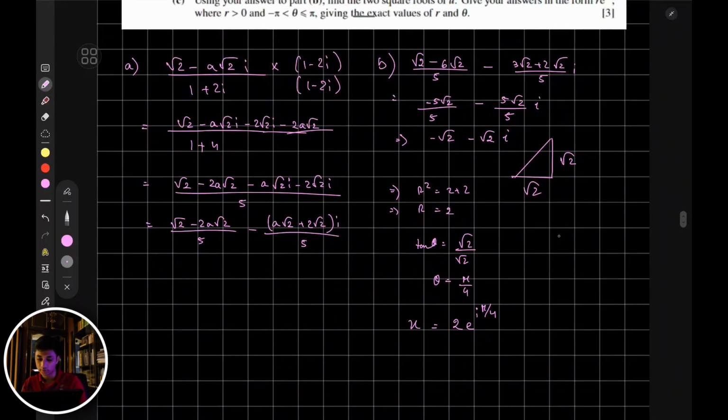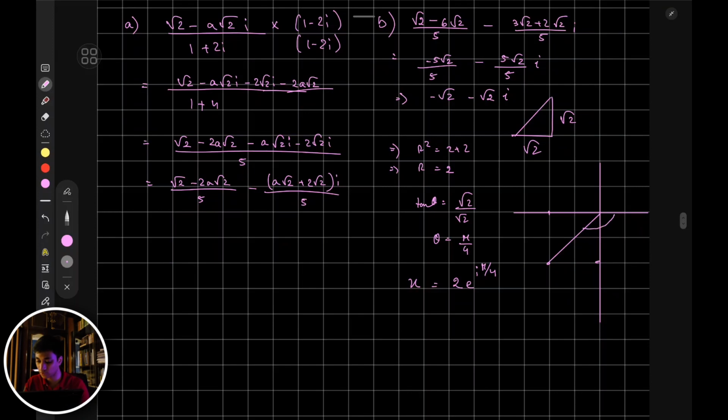oh, there's something wrong with this. I forgot to draw the Argand diagram. This complex number is basically at this position, and the theta is going to be this.